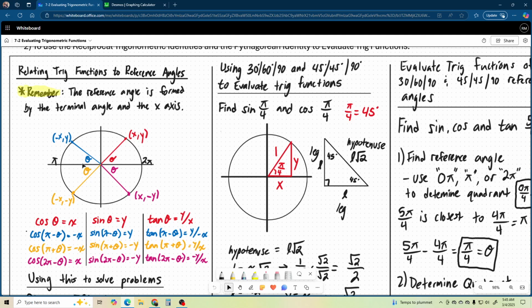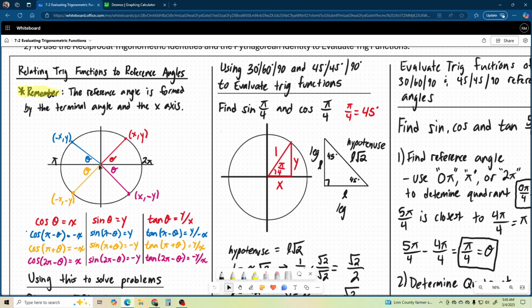Remember that it's whatever pi is minus the distance of theta. So this could be 180 minus 20, let's say, and that would of course give us an angle of 160 degrees. But it is minus this theta.